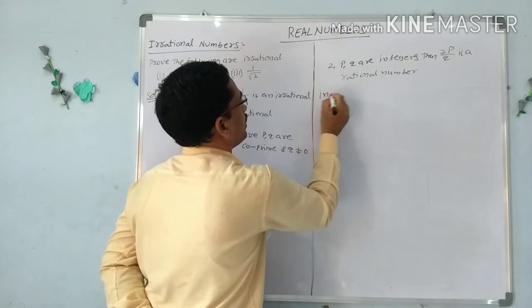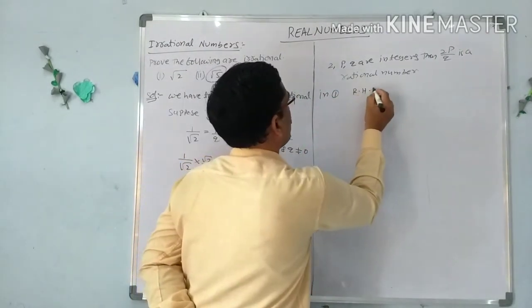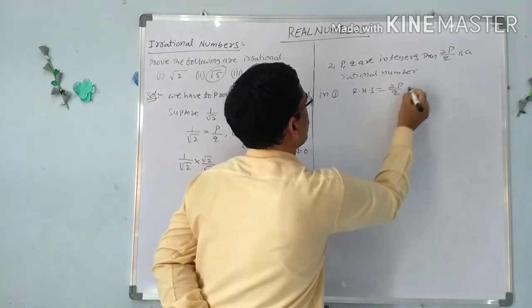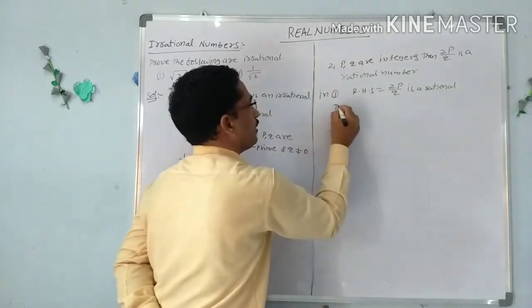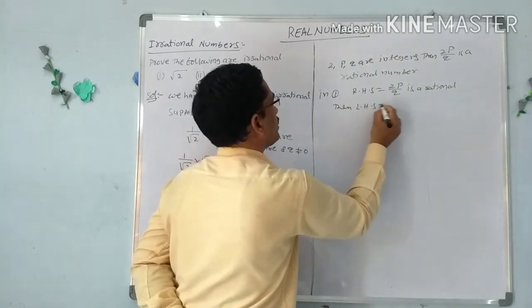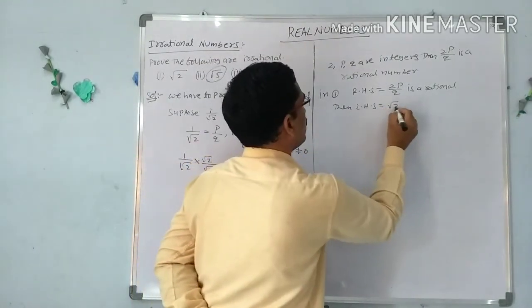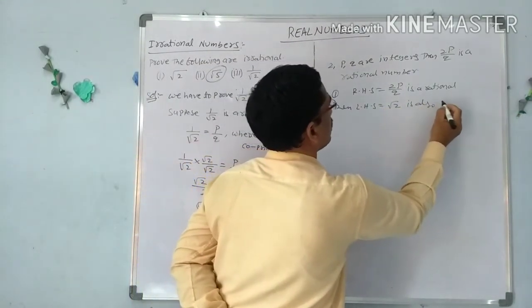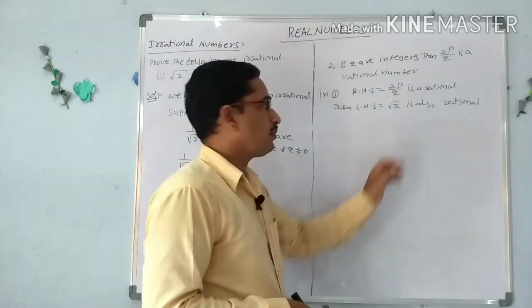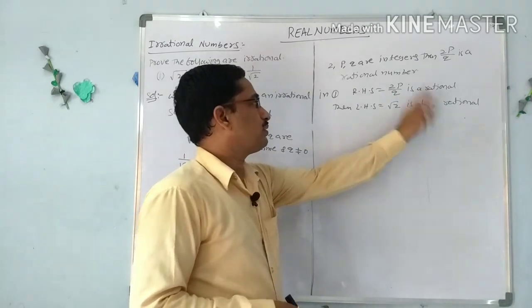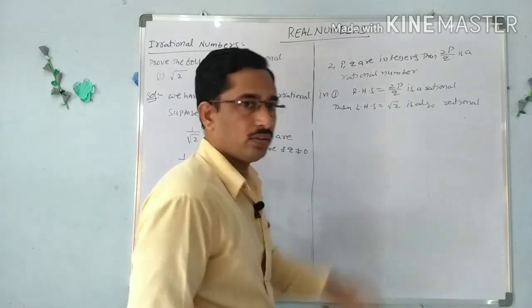In equation 1, the RHS 2p by q is rational, then what is the LHS? The LHS, root 2, is also rational. So the right side quantity is rational, then the left side is also rational.